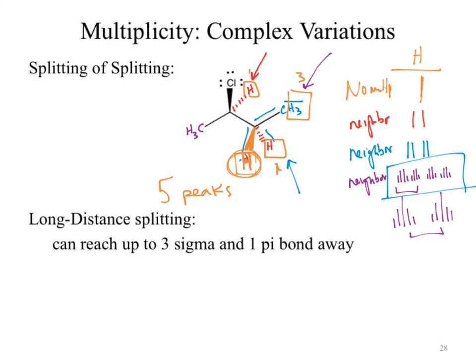Okay? The other one that could potentially pop up is this long distance splitting. We can sometimes get splitting 3 bonds away plus a pi bond. So if we drew in a double bond, 1, 2, 3, I'm at a carbon, we don't see anything. 4, 5, we could potentially get 5 bonds away, that might see it.